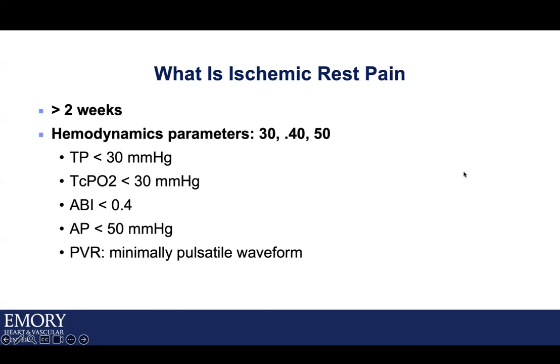For that reason, you have to do a combination of these hemodynamic tests. In patients with diabetes, ESRD, I think the best thing is to do toe waveform and systolic toe pressure, because the ankle pressure alone can be falsely high in these patients.